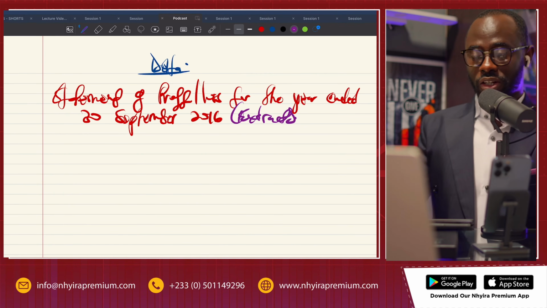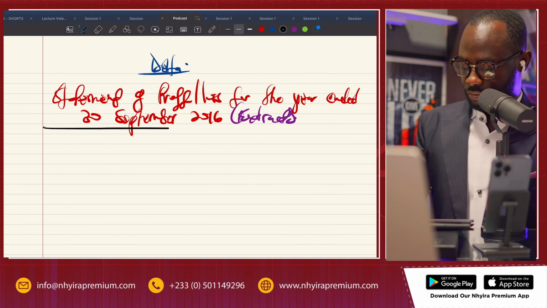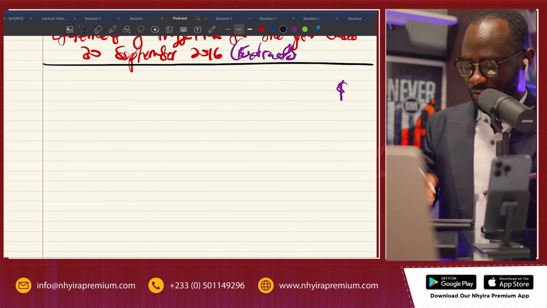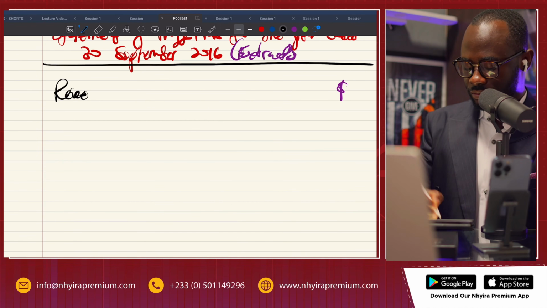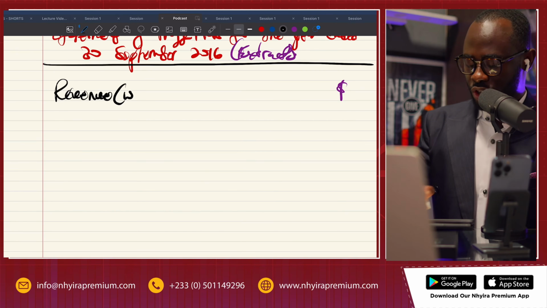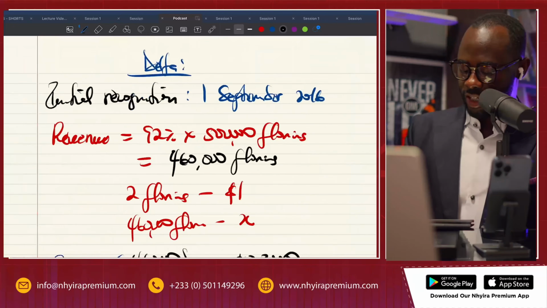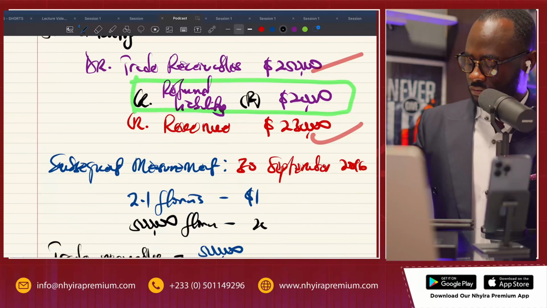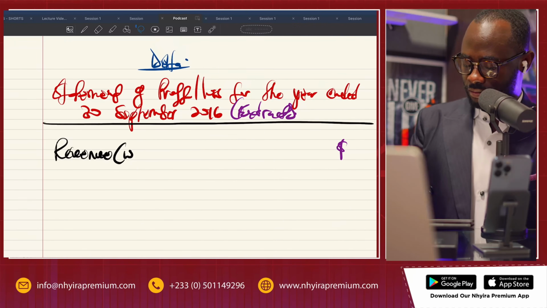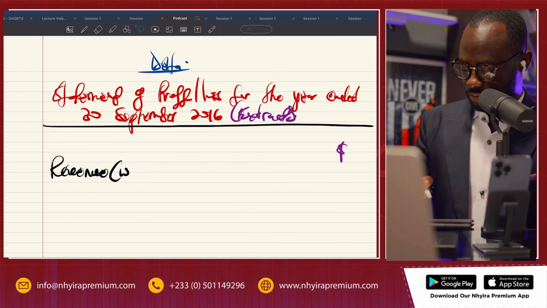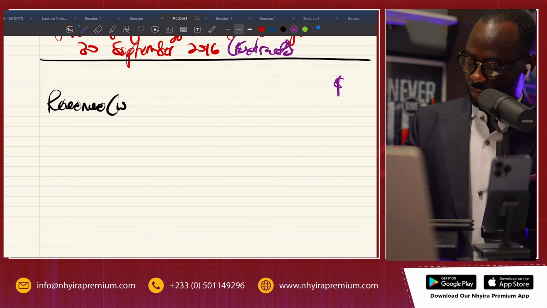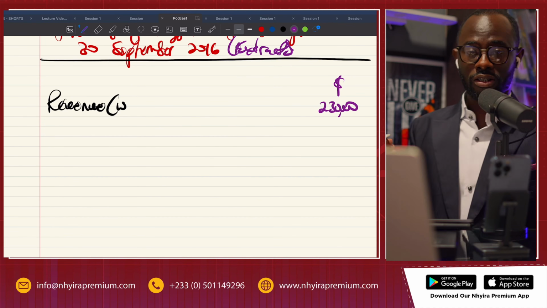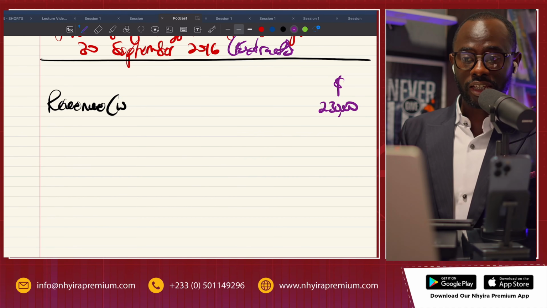We want to let the examiner know that, so we slash in the currency sign. First, we bring the revenue, which we worked out earlier in the initial measurement, a revenue of 230,000.